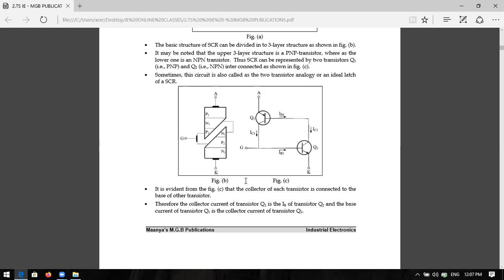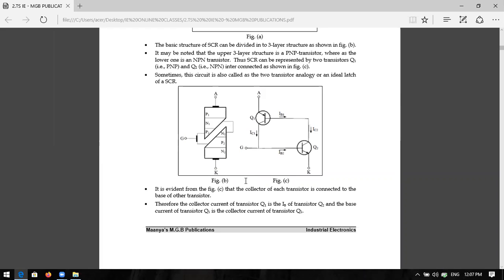That is why they are connected back to back. Like this you can connect, and theoretically it will work like an SCR.